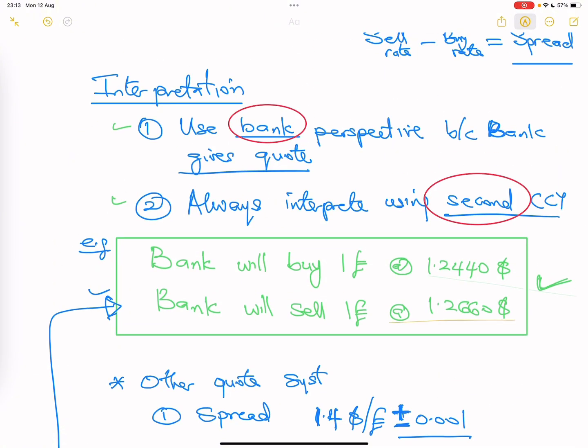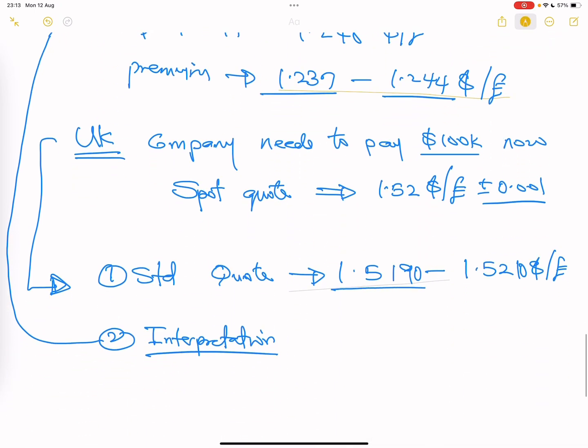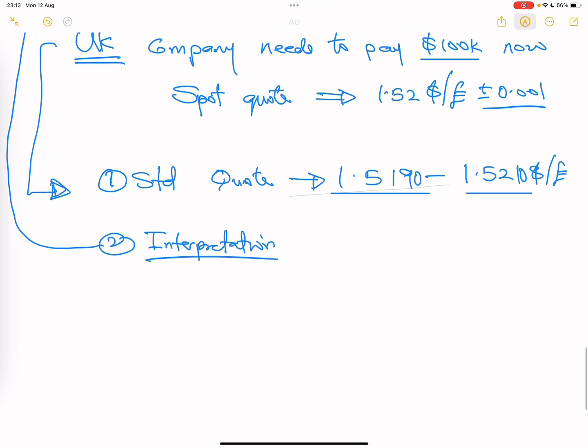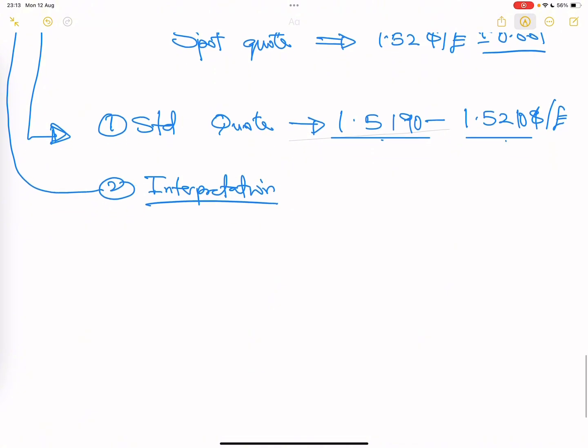We need to remember that, in our quotes, the bank will buy £1 for $1.5190 and will sell £1 for $1.5210. The question is, which rate do we need to use? That is why we now need to learn another interpretation, which is determining the need of the company.